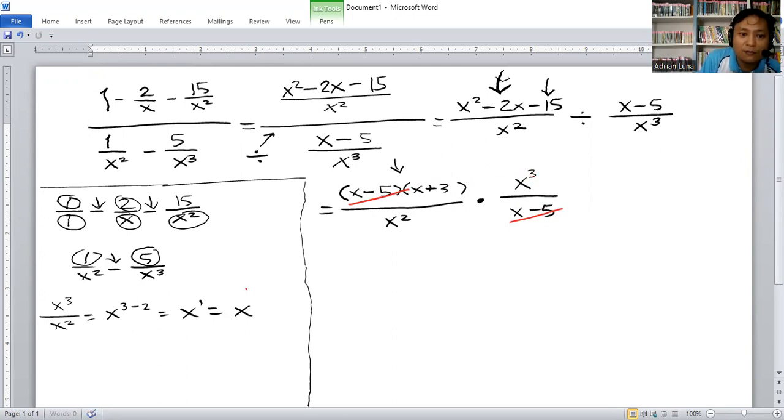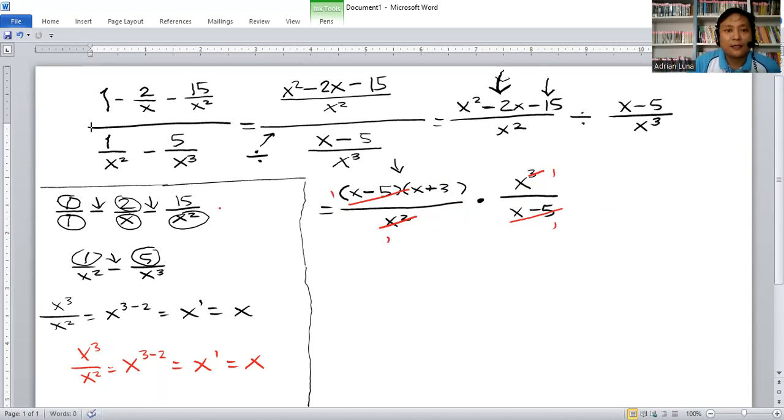X cubed. Yan, sulat natin ito. X cubed divided by x squared. Parang x raised to 3 minus 2 equivalent to x, or simply x. Kaya maging 1 na lang yan and cancel na si buong x squared. Anong natira? Yung mga 1 value na rin na-cancel lang totally.